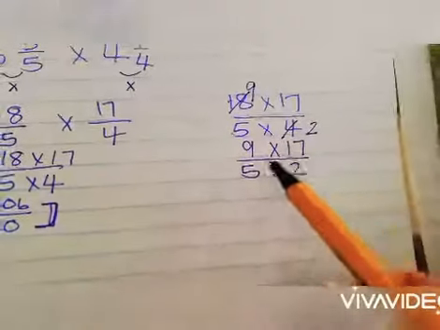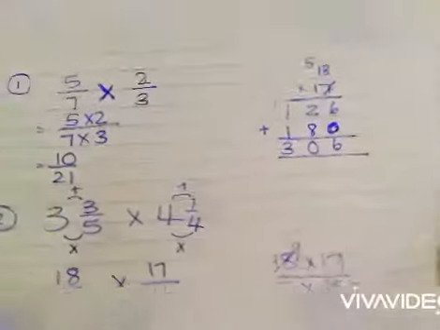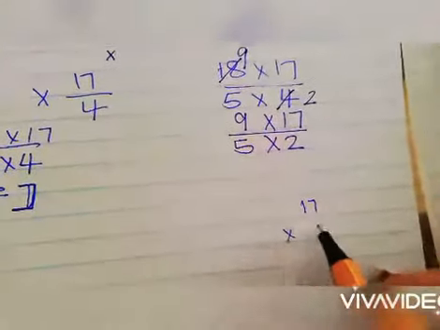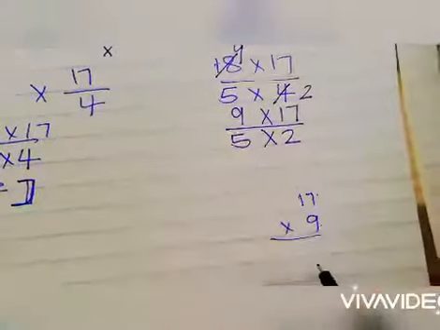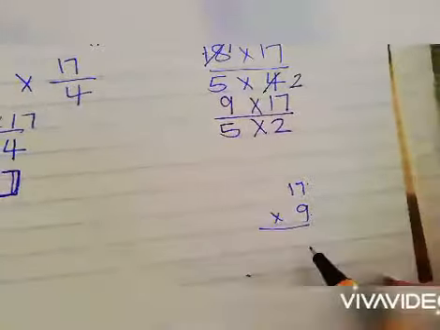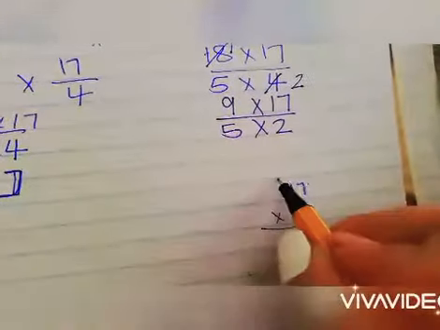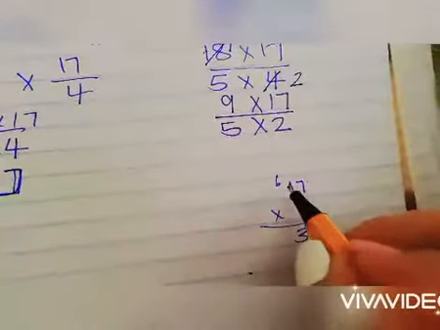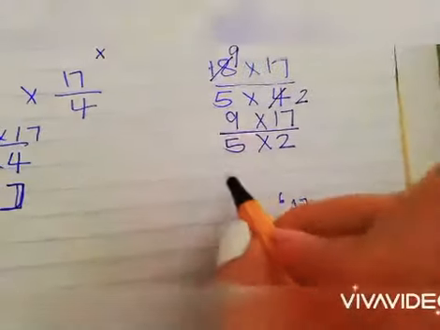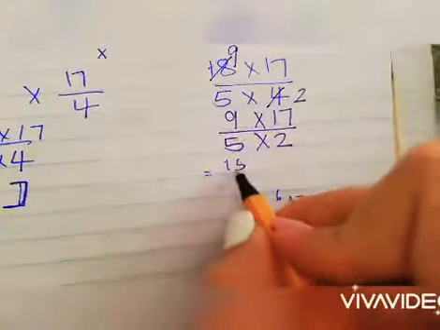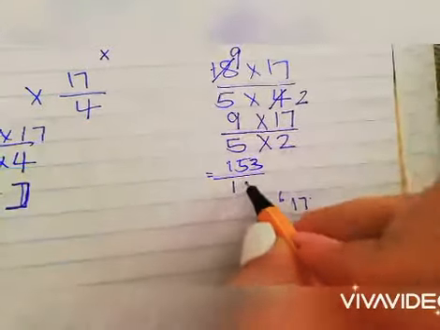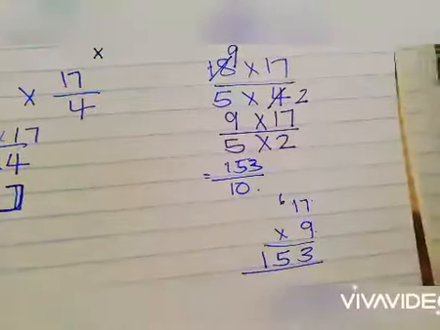You can do the exact same thing here. So when you're multiplying it out, you can go 17 times 9, 9 times 7, 63, 9 times 1 is 9, 9 plus 6 gives me 15, so it's going to be 153, over 5 times 2, which is 10, and then you try and simplify it if you can.